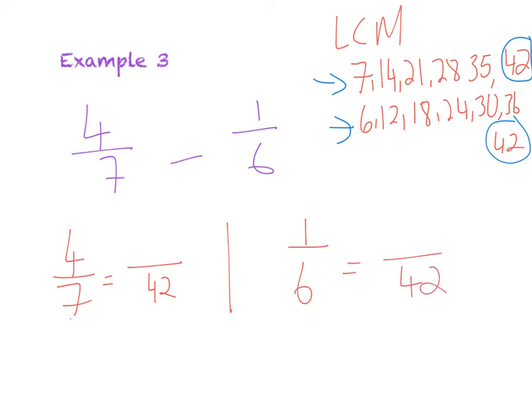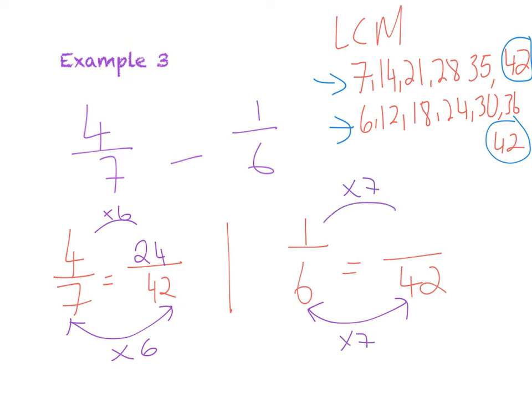All right, so 7 what gives me 42? 7 sixes. And what I do to the bottom, I must do to the top. And 6 times 4 is 24. And then over here we have 6 multiplied by what gives me 42? 6 sevens are 42. What I do to the bottom, I must do to the top. And 7 ones will give me 7.